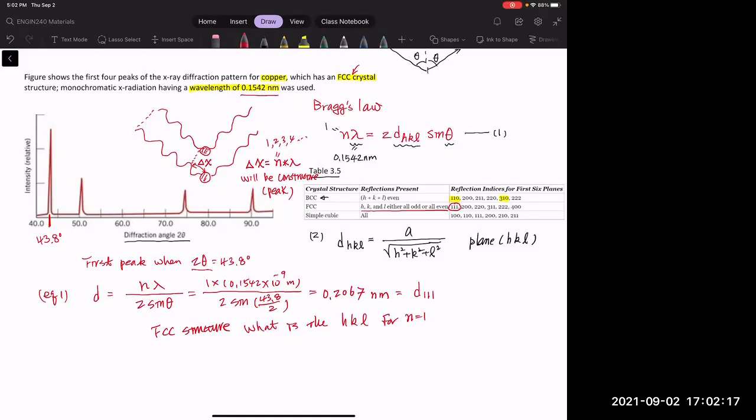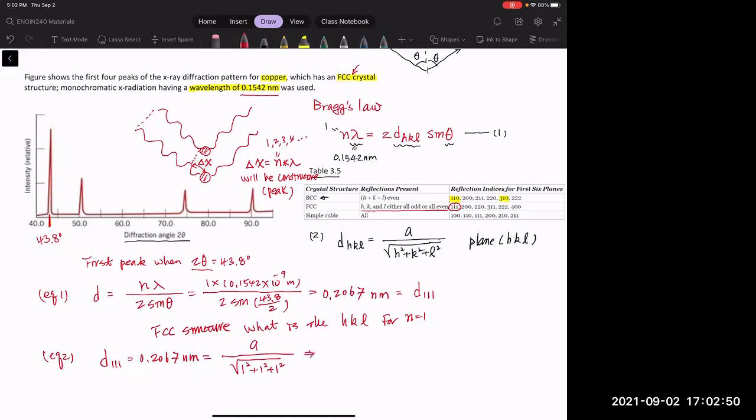Okay. Now, if that is the 1, 1, 1, then I can use the second equation. The D of 1, 1, 1 equal to 0.2067 nanometer. That should be equal to A divided by the square root of 1 square plus 1 square plus 1 square, because H, K, and L all equal to 1.